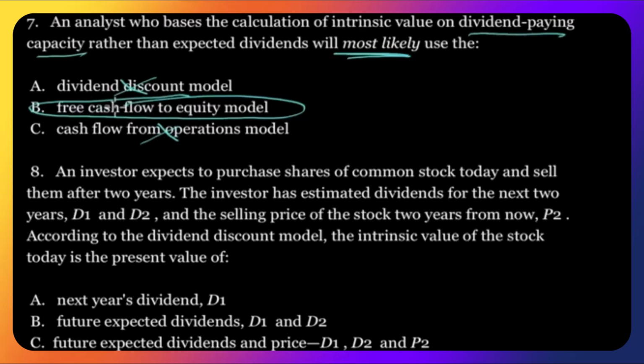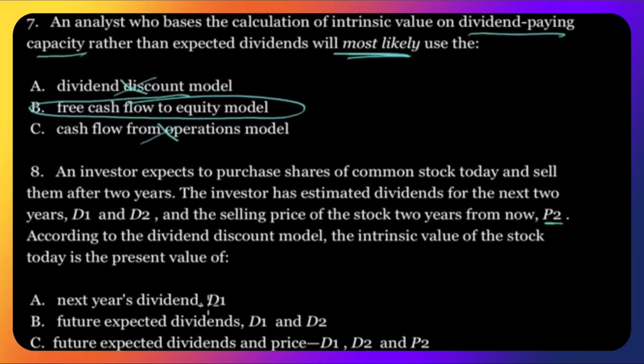Number 8, an investor expects to purchase shares of common stock today and sell them after 2 years. So we have a 2-year holding period. The investor has estimated dividends for the next 2 years, D1 and D2, and the selling price of the stock 2 years from now, P2. According to the dividend discount model, the intrinsic value of the stock today is the present value of next year's dividend, D1.